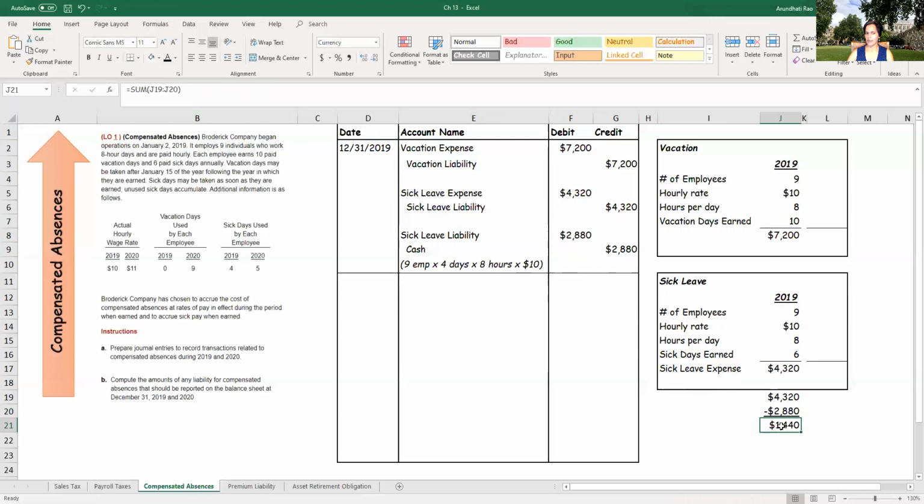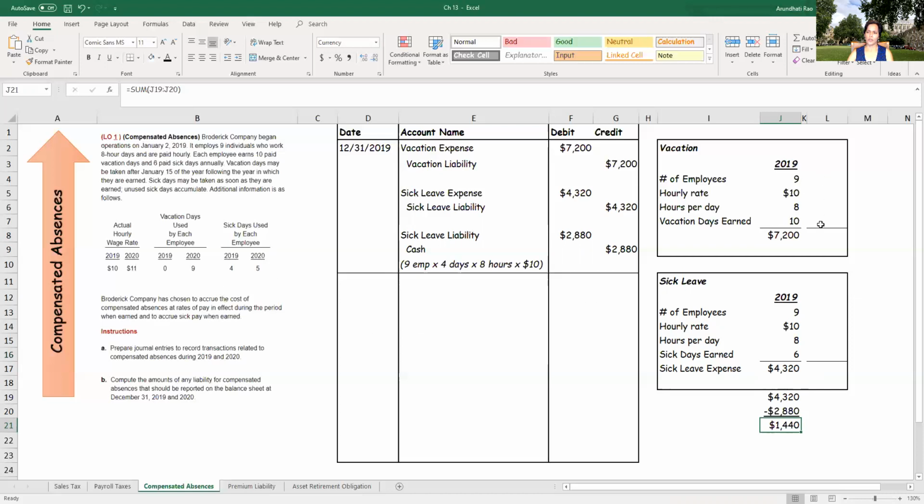Now the reason this is significant is next year when they use their sick leave, 5 days, they first take the remaining 2 days from this year. They were allowed 6 days, they've used 4, so there are 2 days remaining. That's what this $1,440 is. We'll have to first use that before we dip into the current year 2020. And there is a small issue, and we will see what that is in a minute.